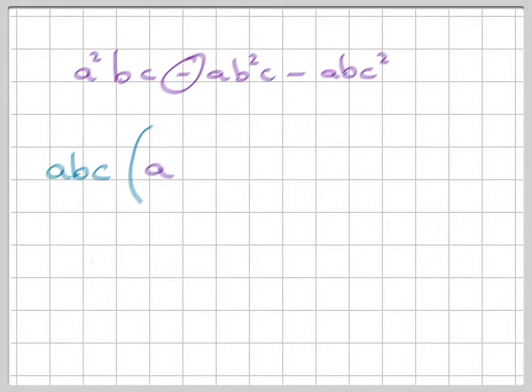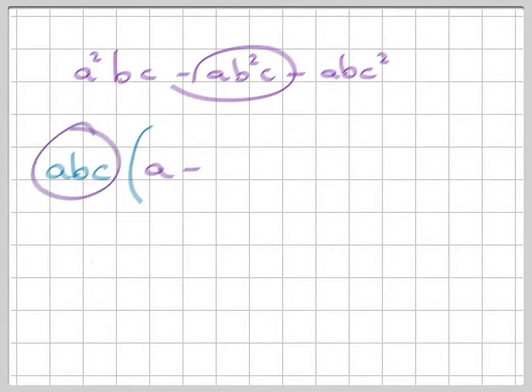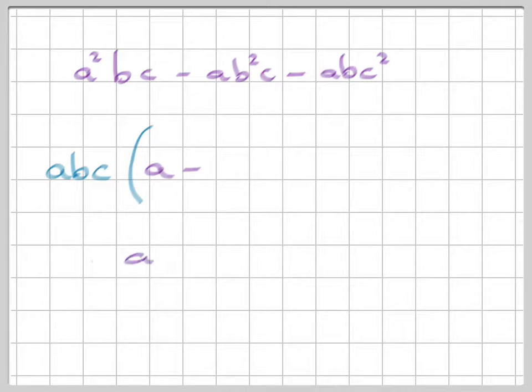So we're going to write our minus, and we're going to divide that, and that's going to be a, b, b, c divided by a, b, c. The a's will cancel, that b will cancel that b, and that c will cancel that c. We've only got a b left. Okay, so we're going to write b. Let me just rub this out quickly.